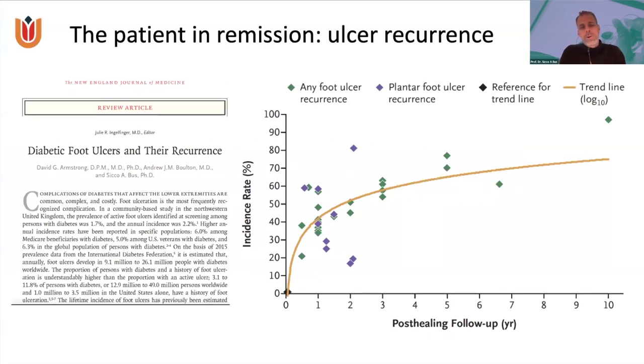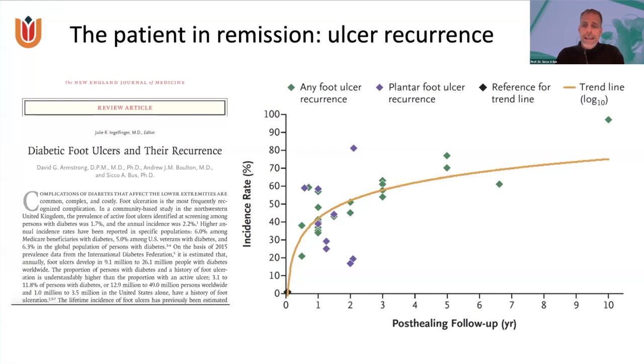And that is also shown by this graph, which is a common graph that I use in presentations, and was in a publication with Professor Armstrong and also Professor Boulton. It shows, on the x-axis, the follow-up years after healing of a foot ulcer, and on the y-axis, the incidence rate, showing all prospective follow-up studies that we could identify that assessed patients for re-ulceration over time.